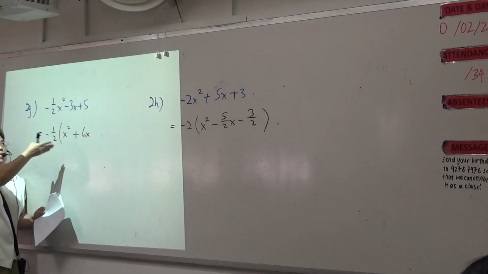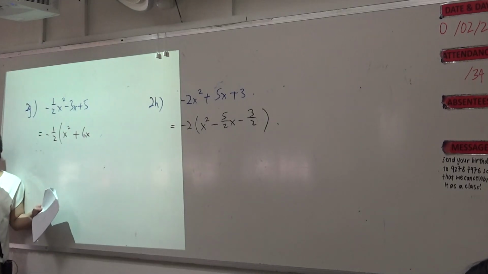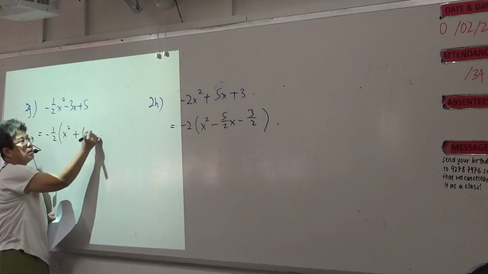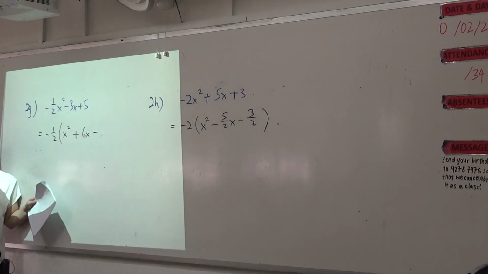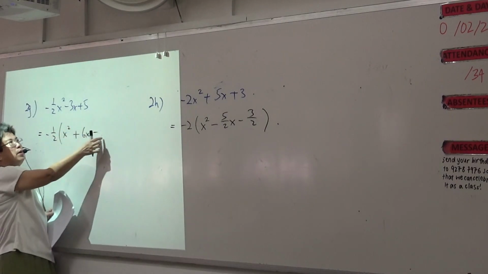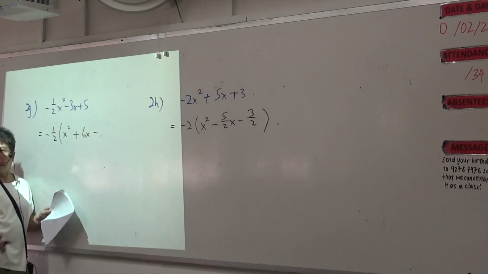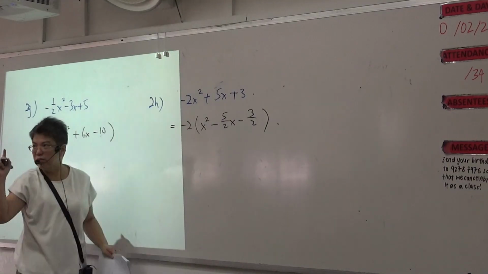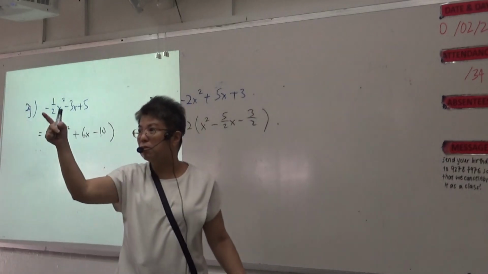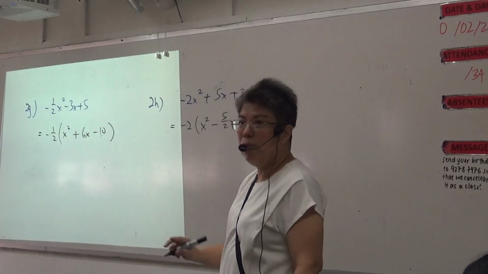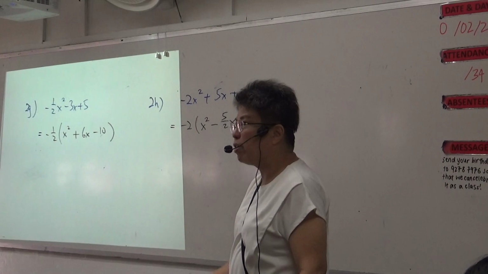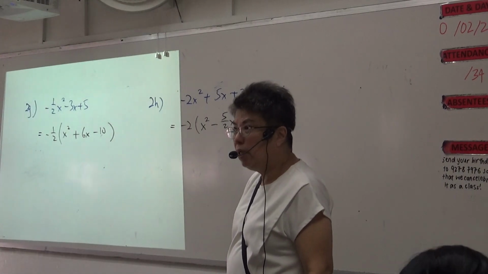That means it must be equivalent, right? So, this one is a plus, so this is a minus, right? So, what should this be to get 5? This is why I chose this question. You must know this. Don't just tell me I know how to take out the number, I don't know how to take out fraction. Everybody clear?